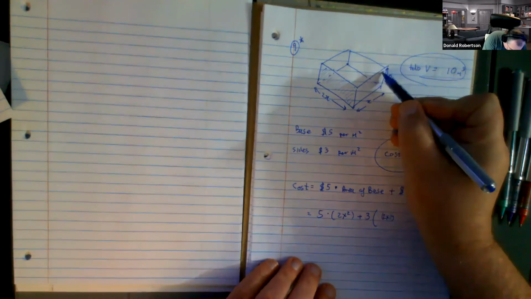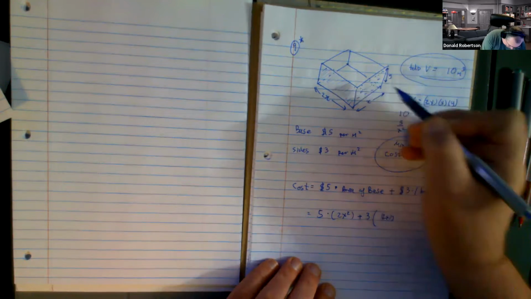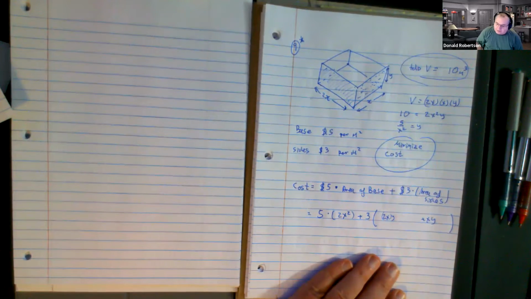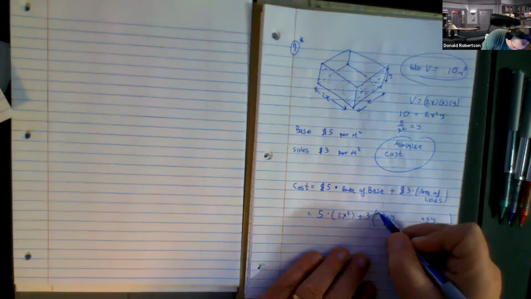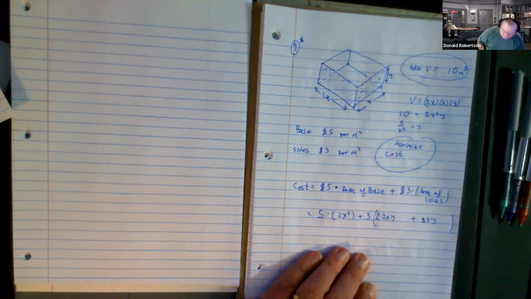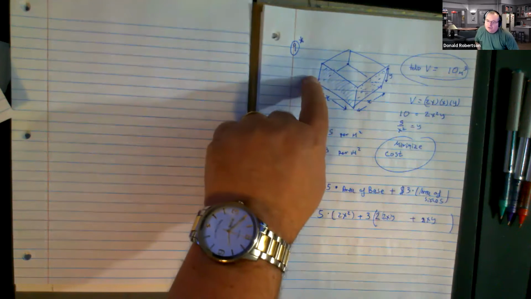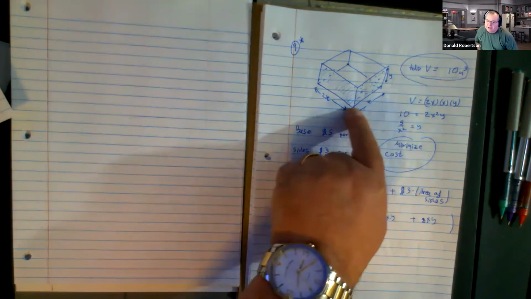And if you do this side here, isn't the area x times y? But that one over here is the same as that, and that one over here is the same as that. So you get 2 of them that look like that, plus 2 of them that look like that. Are you happy about the area of the sides then is 2 lots of 2x times y and 2 lots of x times y, right?